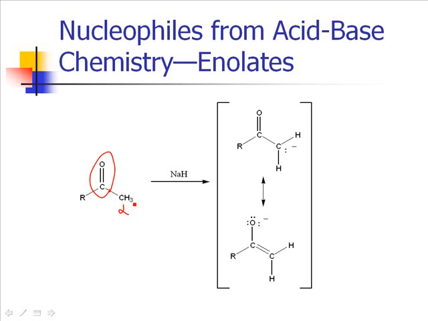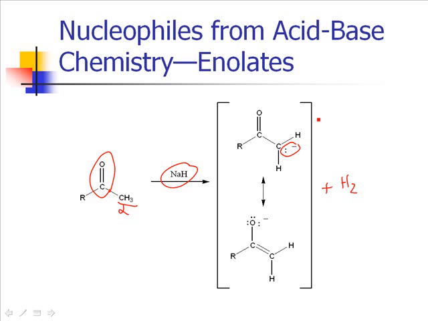And so it's possible using a strong base like sodium hydride to pull off one of those three hydrogens of our methyl group and to leave a negative charge and a lone pair on that carbon atom. The other product of this reaction is a molecule of hydrogen.